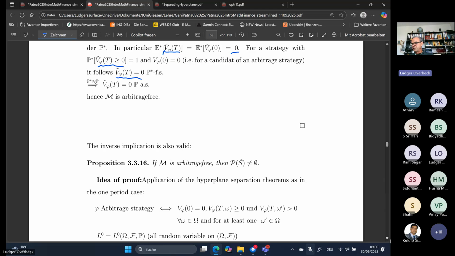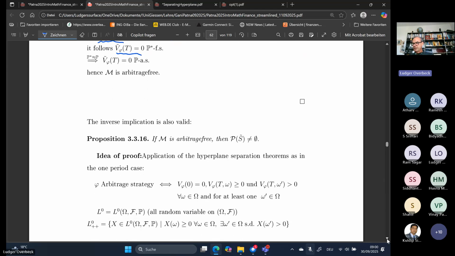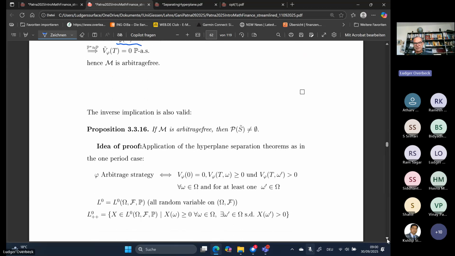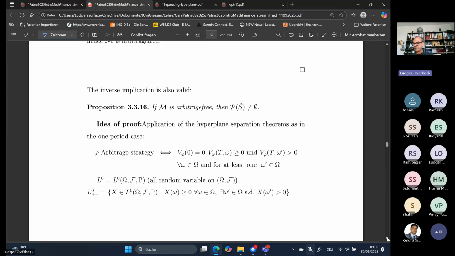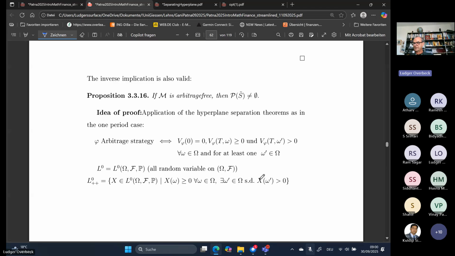This is more complicated; it's kind of an extension of the hyperplane separating theorem, because, as I said, our current running mathematical assumption is that omega is finite, so everything is finite and can be embedded in R^n. So you take the positive random variables.